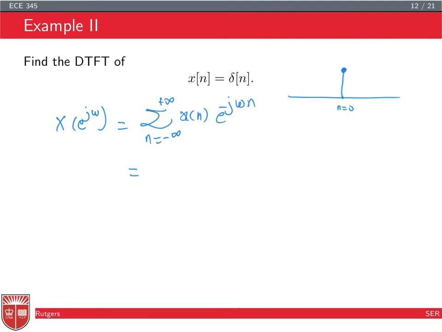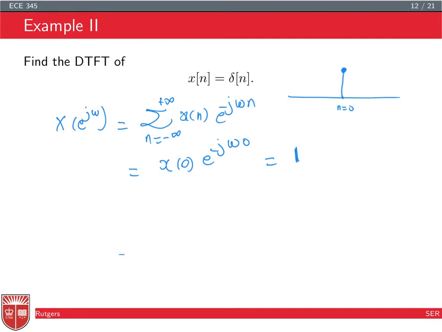And we know that x of n is 0 except when n equals 0, because it's the impulse. So this would be x of 0 e to the minus j omega times 0. And x of 0 is 1 because it's the impulse.